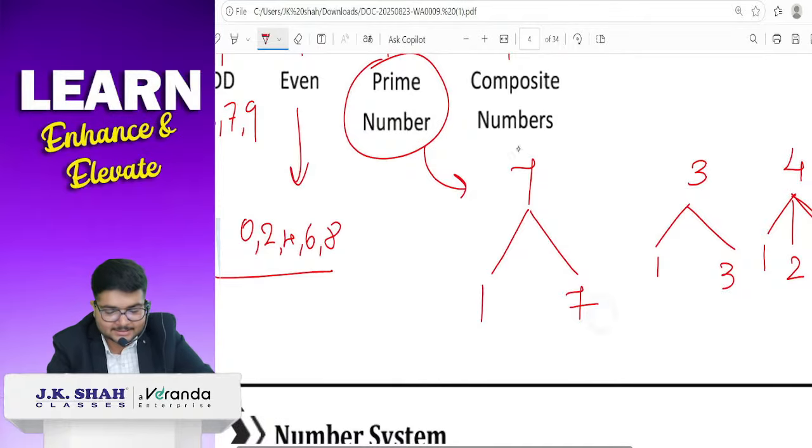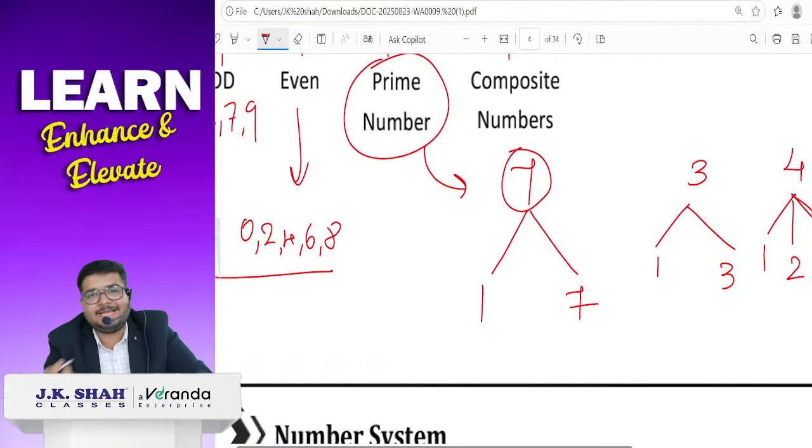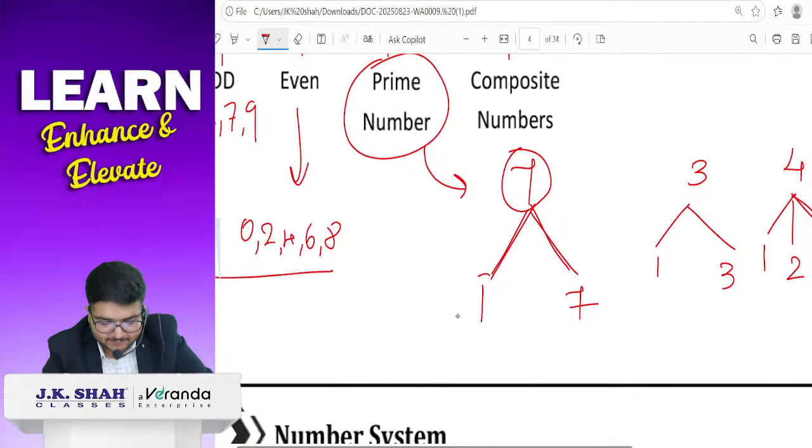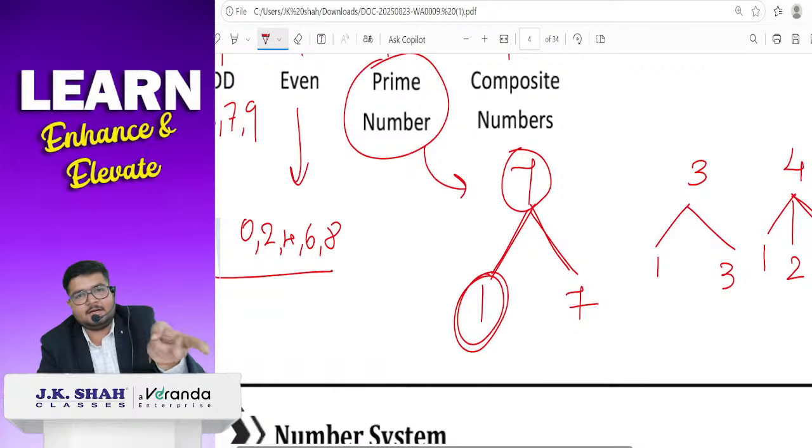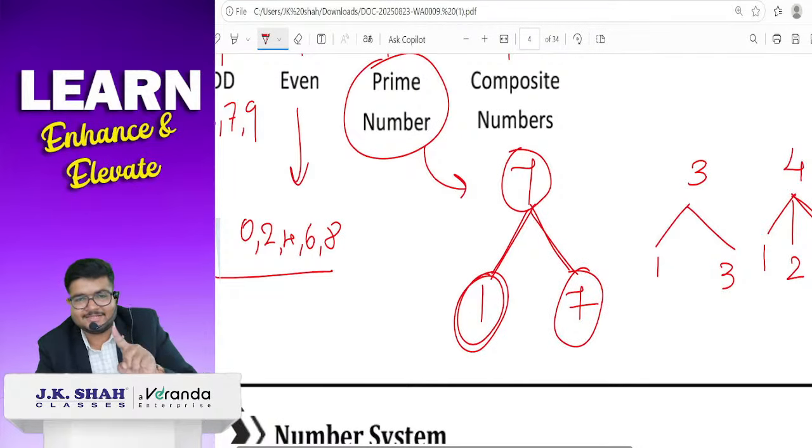So this is a prime number. Sir, what are you trying to tell us? I am trying to tell you that any number which has only two factors, one factor will be 1 and the other factor will be the number itself, those numbers are called prime numbers.